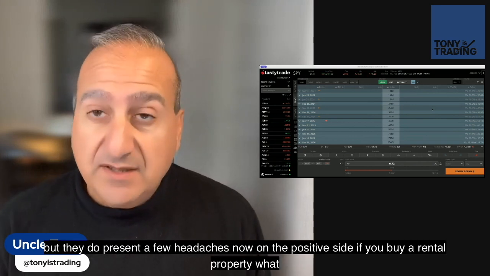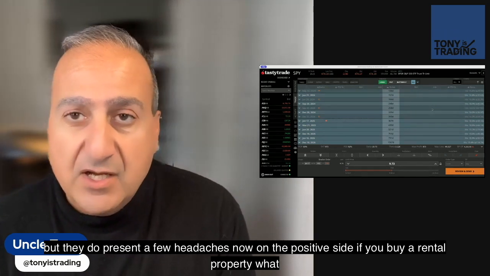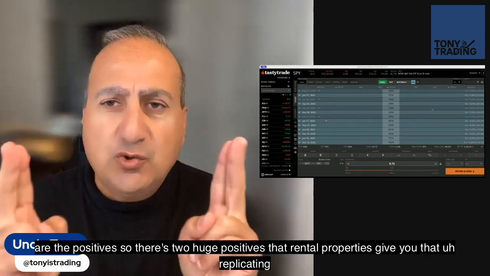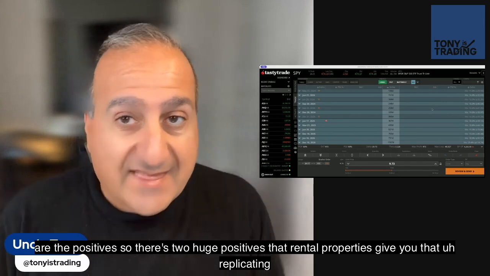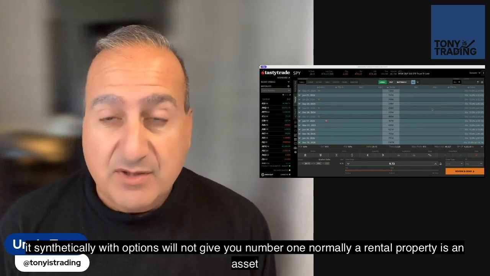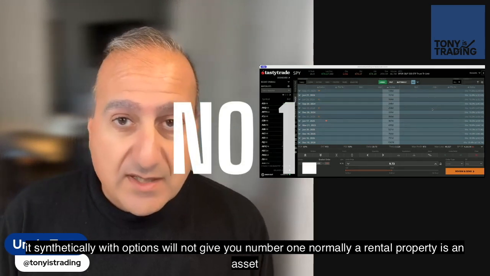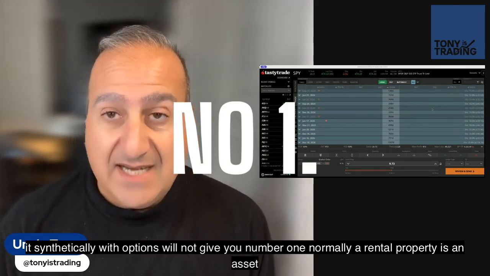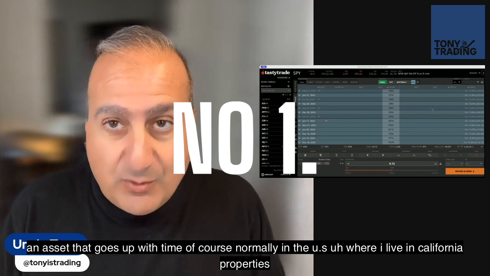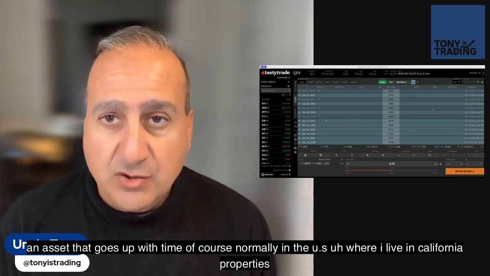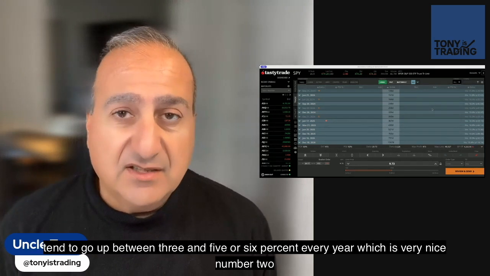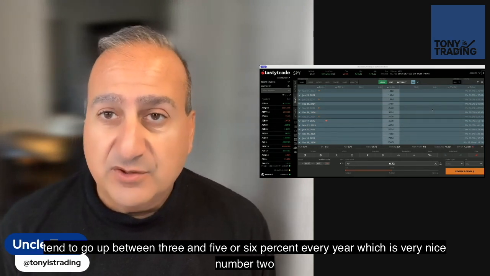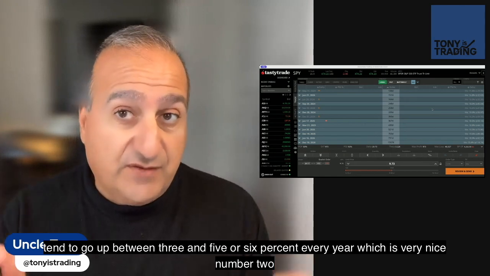Now, on the positive side, if you buy a rental property, what are the positives? There's two huge positives that rental properties give you that replicating it synthetically with options will not give you. Number one, normally a rental property is an asset that goes up with time. Normally in the US, where I live in California, properties tend to go up between 3 and 5 or 6% every year, which is very nice.